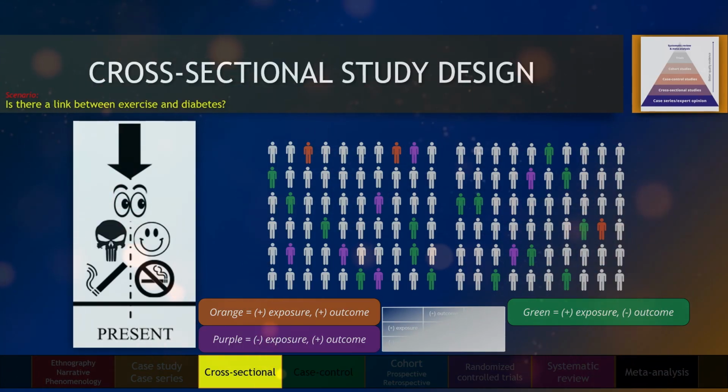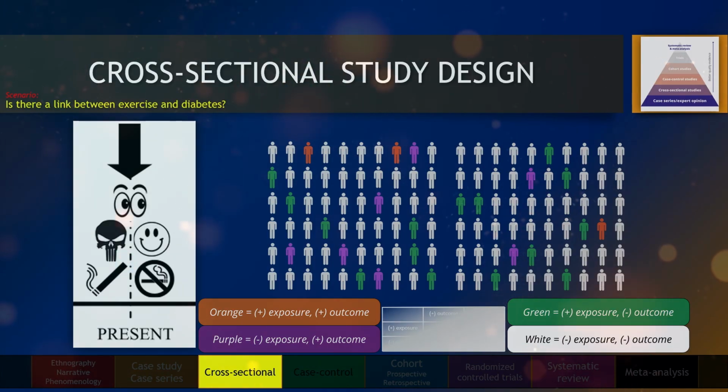The purple icons refer to those with no exposure but with the outcome, meaning those who do not do exercise but with diabetes. And there are 7 of them. Lastly, the white icons refer to those without exposure and without the outcome, meaning those who do not do exercise and with no diabetes. In this case, there are 75 white icons.